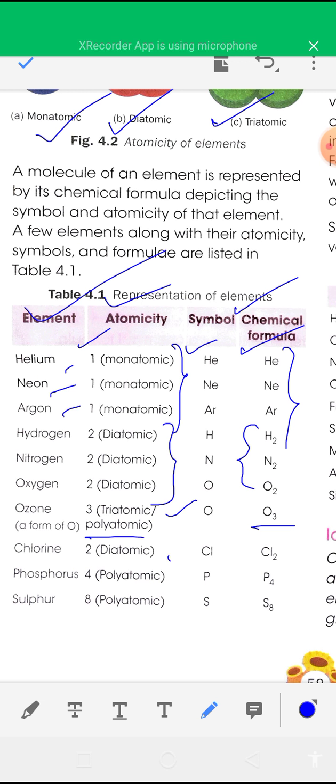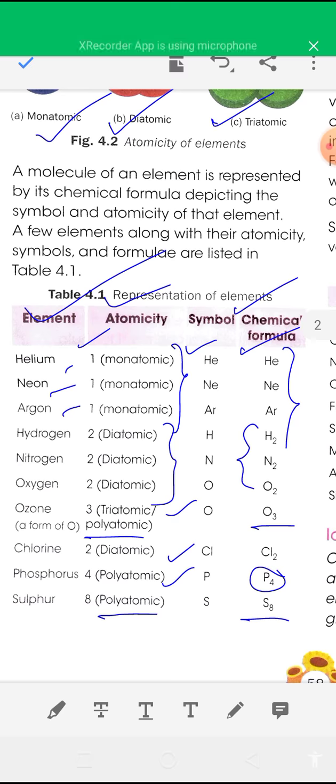Chlorine is a diatomic molecule, two Cl atoms are present in a Cl2 molecule. Phosphorus is a polyatomic molecule because four phosphorus atoms are present in a phosphorus molecule. Sulfur is a polyatomic molecule because 8 sulfur atoms join together to form a sulfur molecule.